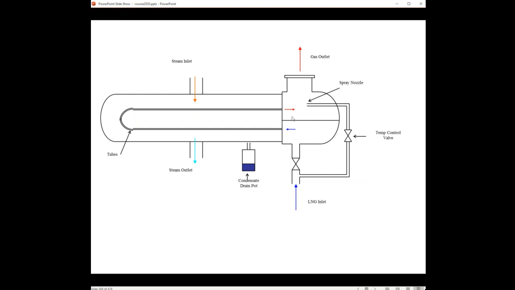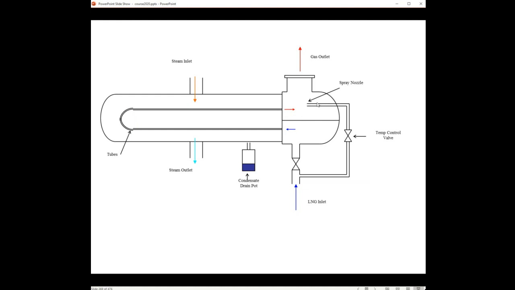That is not the goal. The goal is not to warm up our tank. The goal is to get cargo vapors at, let's say, for example, a temperature of 0 degrees. That would be nice.